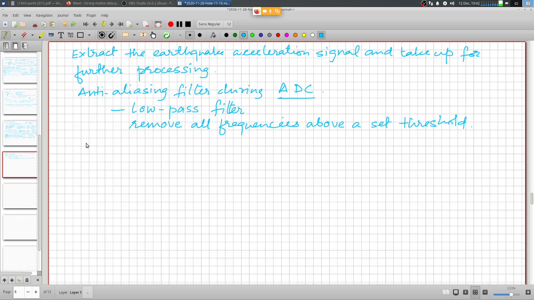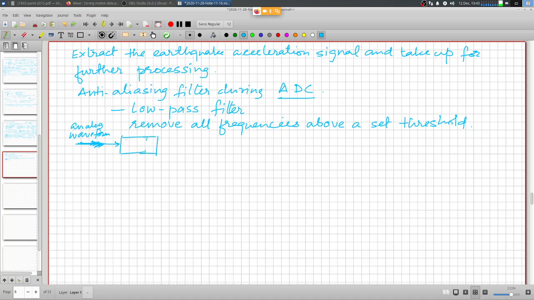So the sensor of course senses the analog waveform, and that is passed on to the ADC. Sorry, this is the total ADC.